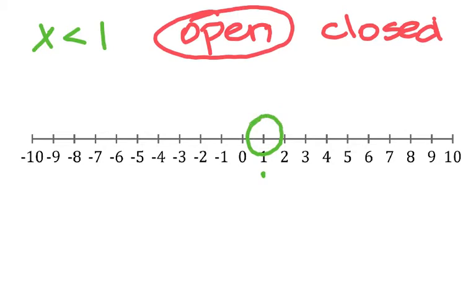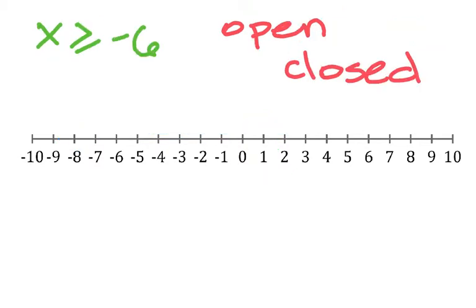So that is step 2. The third step is to figure out what direction less than is. Less than goes towards the smaller numbers, which is to the left. So there are 3 steps: open or closed, finding the number, drawing the arrow. That's it. Not so bad. Next.